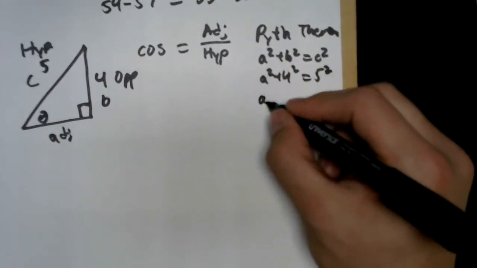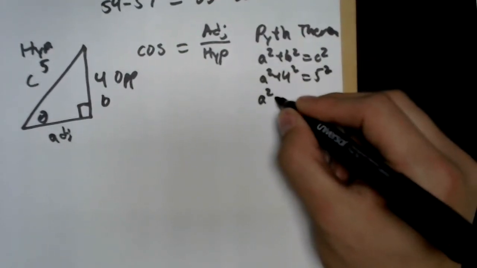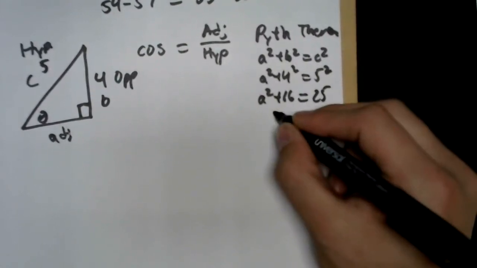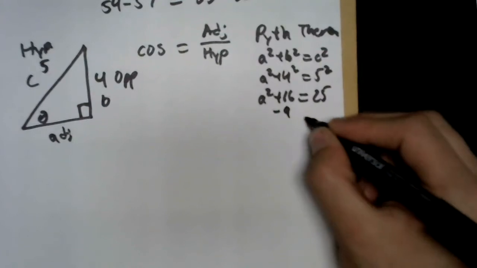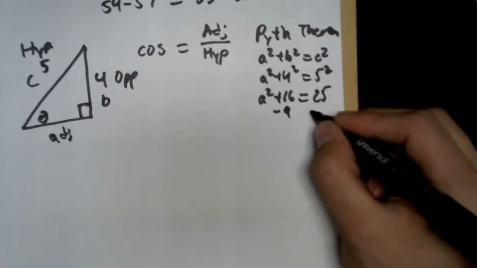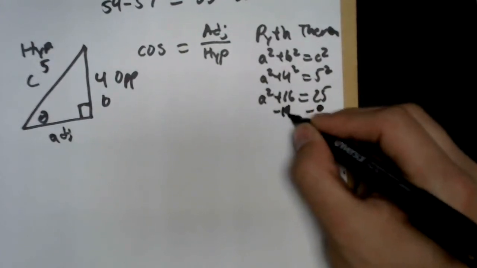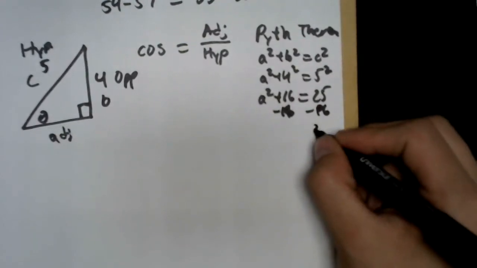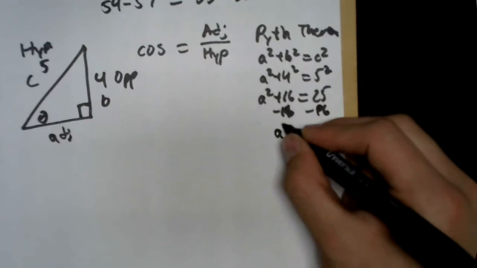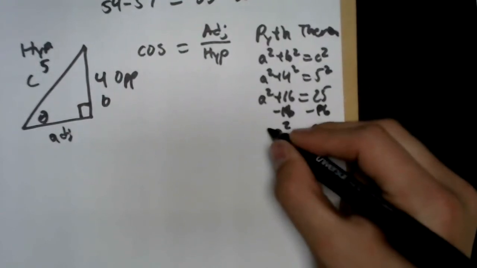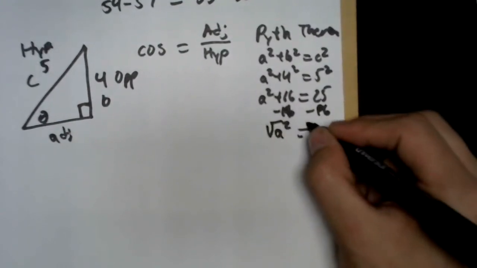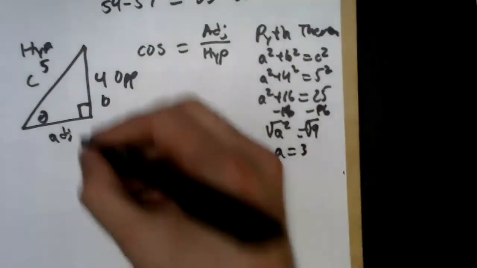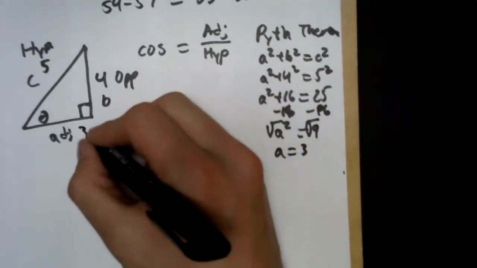Compute it out, so it's a squared plus 16 equals 25. You subtract the 16 on both sides. I'm getting ahead of myself. Which gives you 9 equals a squared. We'll want to solve for a by itself. So a equals 3. So this adjacent side is 3.